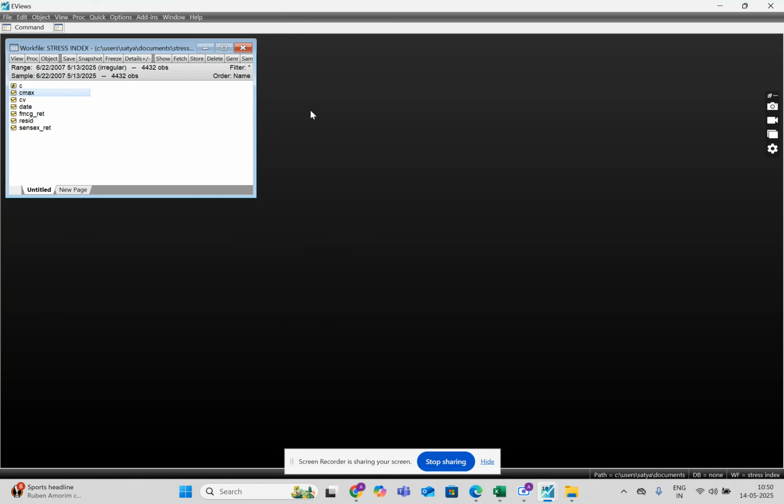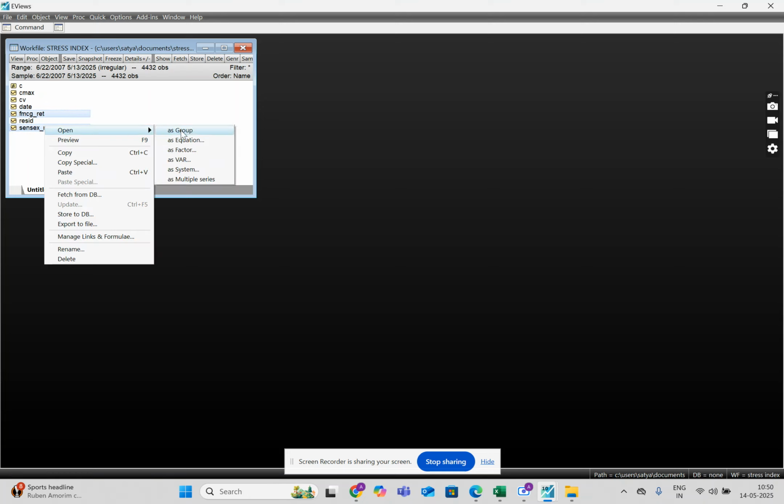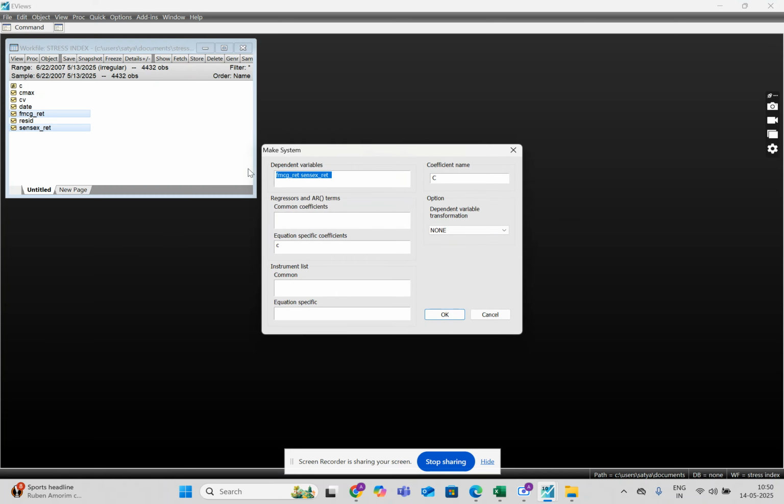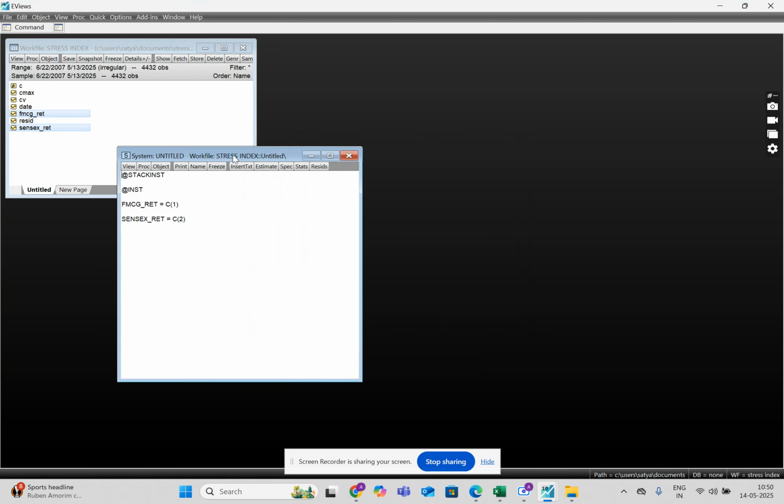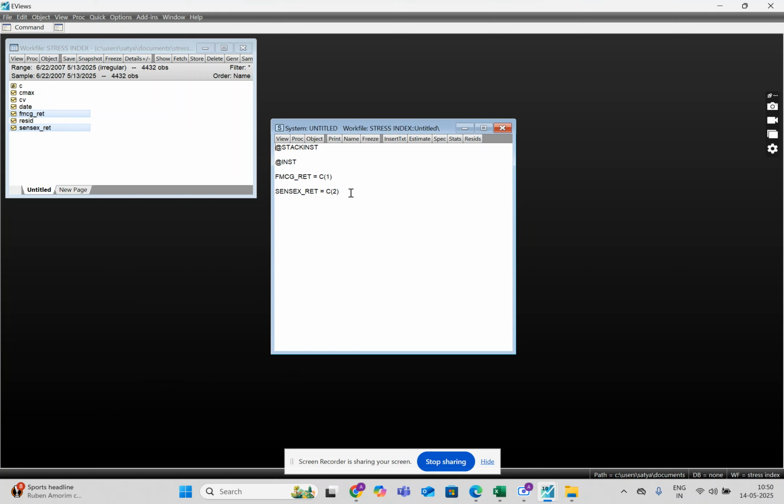Okay. So let us begin by finding the conditional correlation. So we go to FMCG return, we go to Sensex return, we open them as a system. Okay, FMCG return is 1 and Sensex return is 2. We need to remember this.